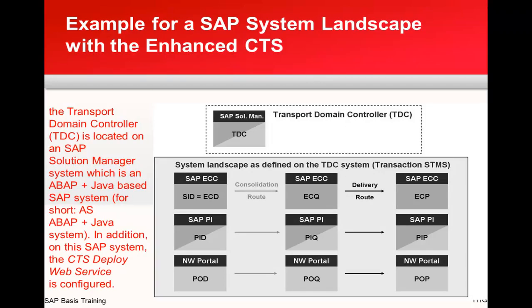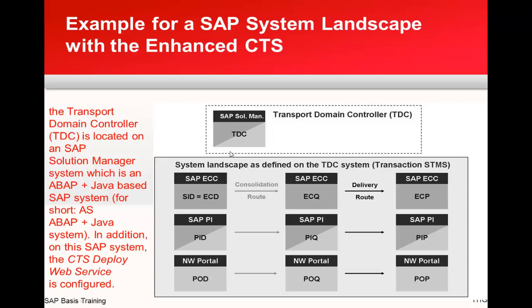Okay, so here is an example of CTS. You have a transport domain controller with the SID TDC, which you can have in Solution Manager, which is an ABAP plus Java based SAP system. In addition, on this SAP system the CTS deploy web service is configured.